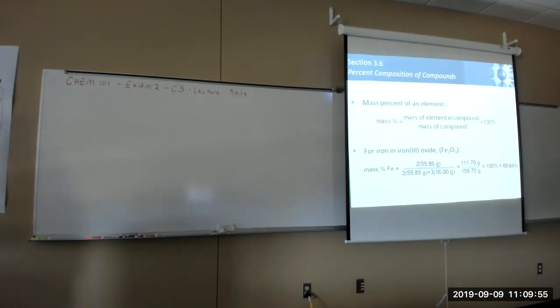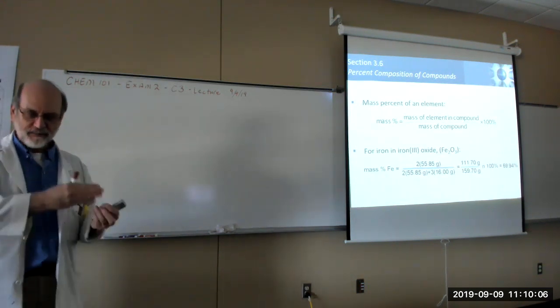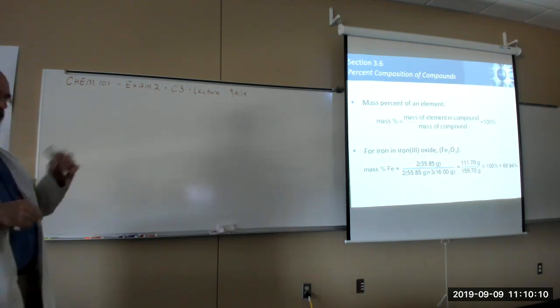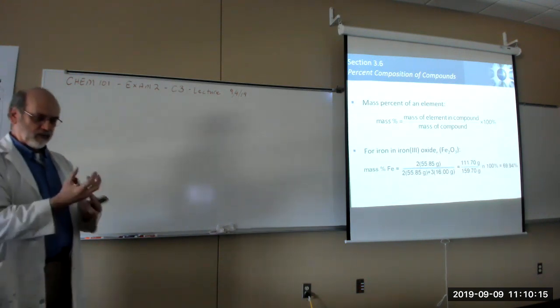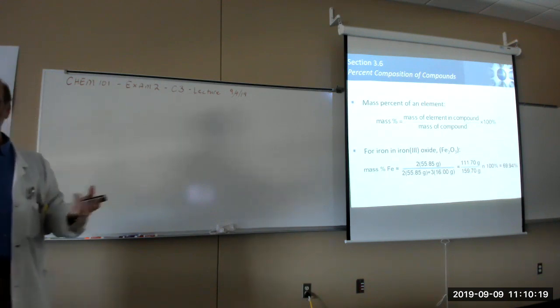If you're a bench chemist and you're given a sample, and say they're kind, they say the sample's pure, right? It's a pure compound, so you can take it from there and find out how much of each element is in there. So you go through certain steps and you determine, well, this sample weighs so many grams, maybe 100 grams.